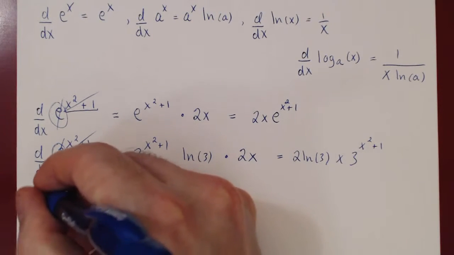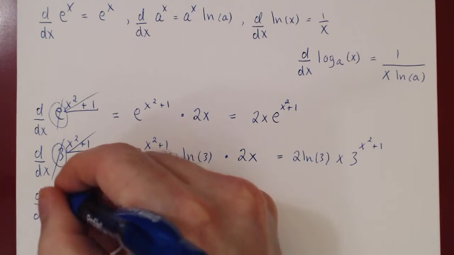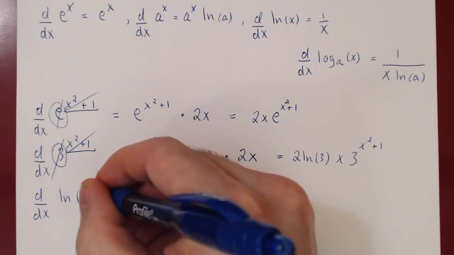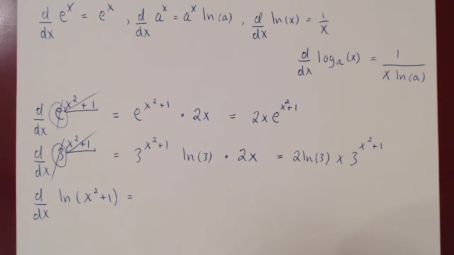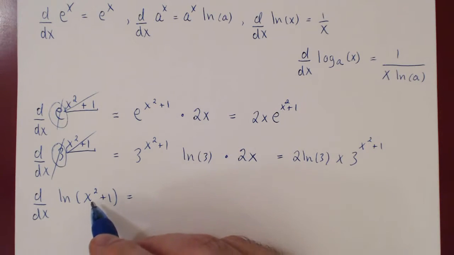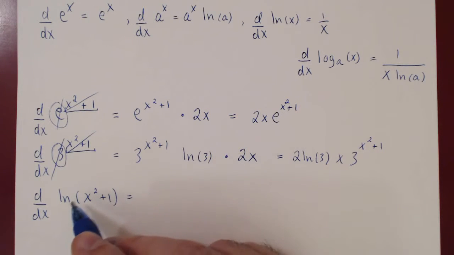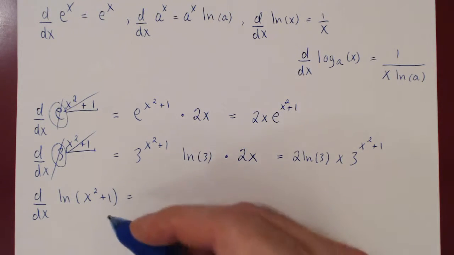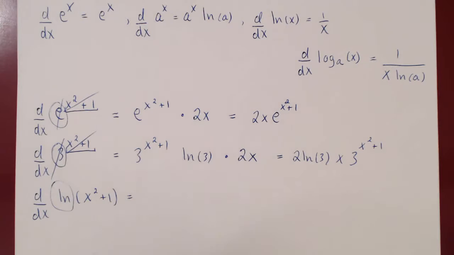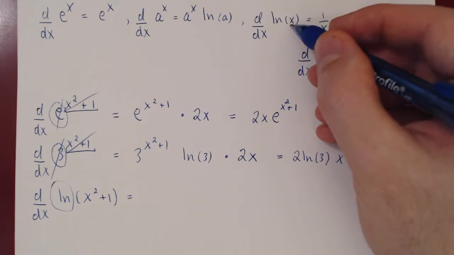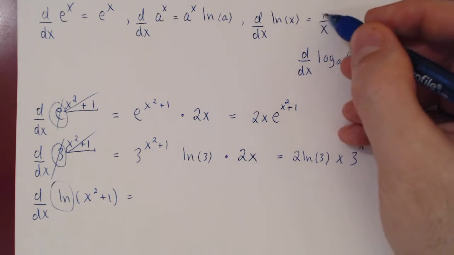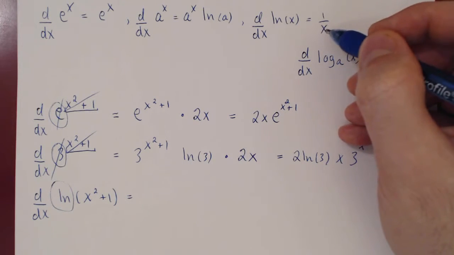What if we had the ln of x squared plus 1 and wanted the derivative of that? Once again, we have a composition. If I give you a value of x, you will first square it, then add 1, and then take the ln of the expression. So the outside function is a ln, and the derivative of ln of something is 1 over that very same thing.